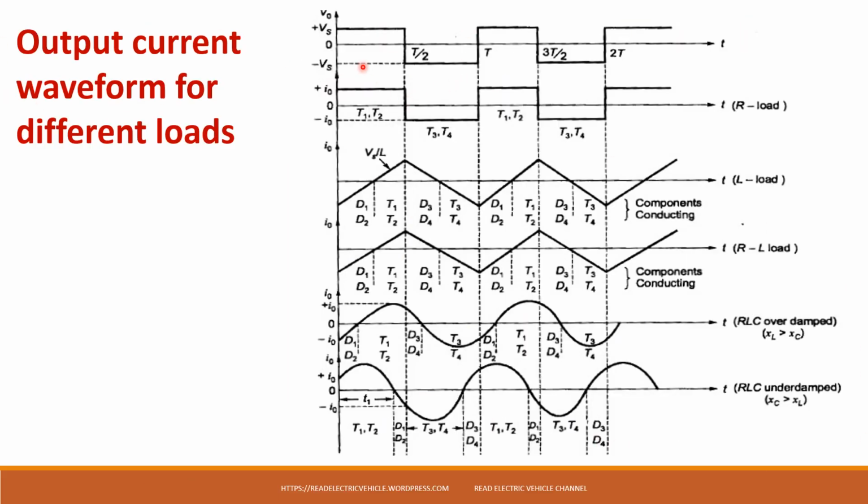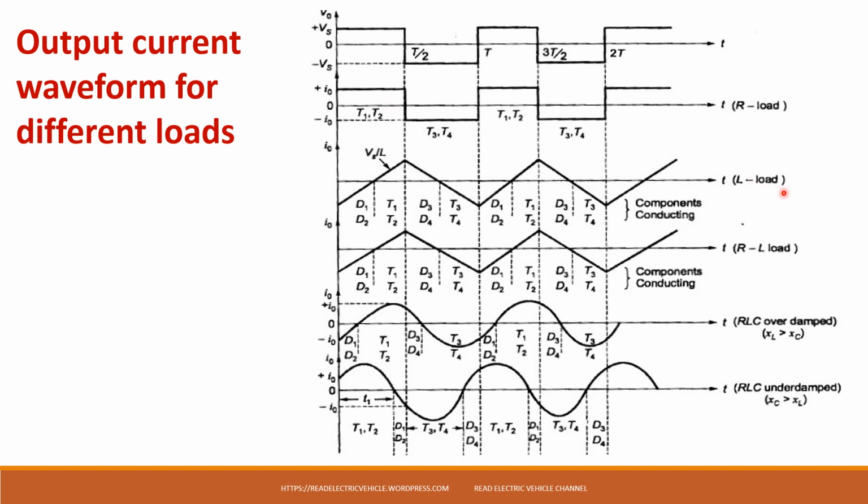Now all the waveforms are clubbed together. So you can find that the output voltage waveform remains the same irrespective of the load. Whatever load you connect, the voltage waveform remains the same. In case of R load, voltage and current are in phase.